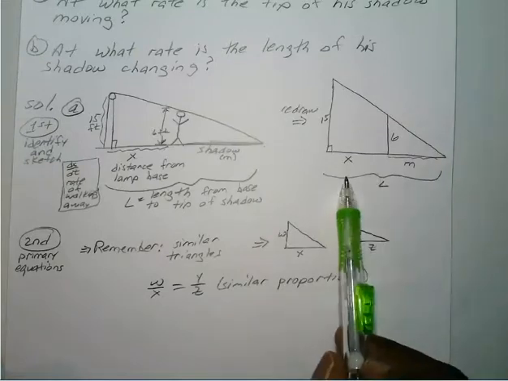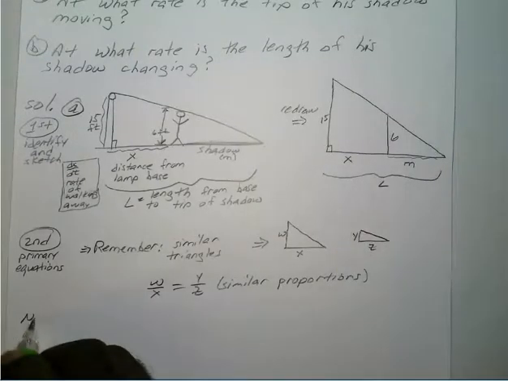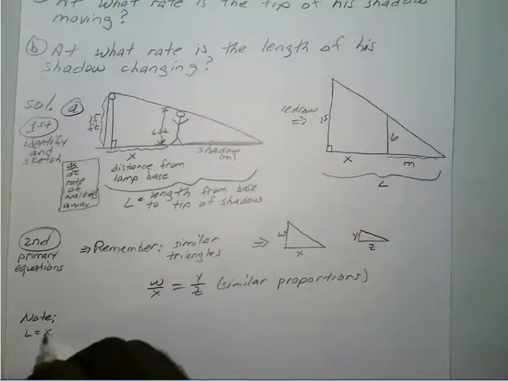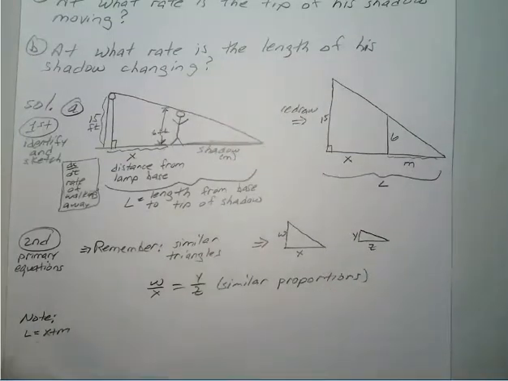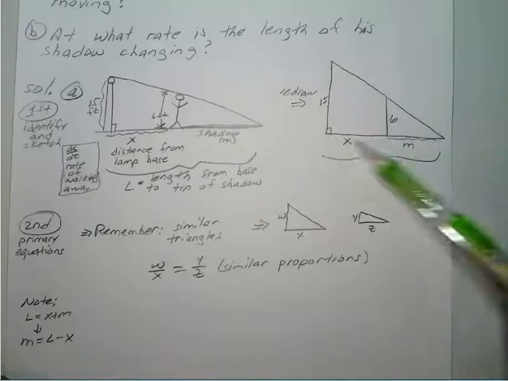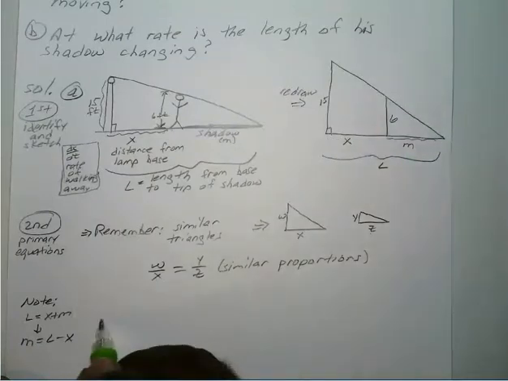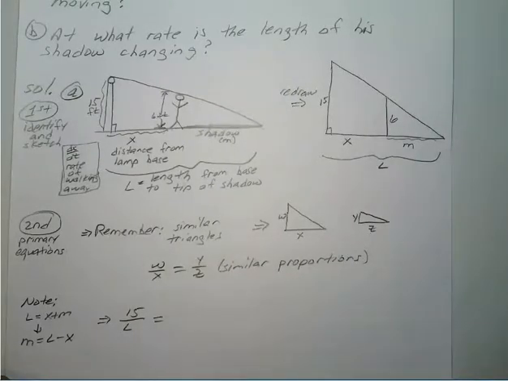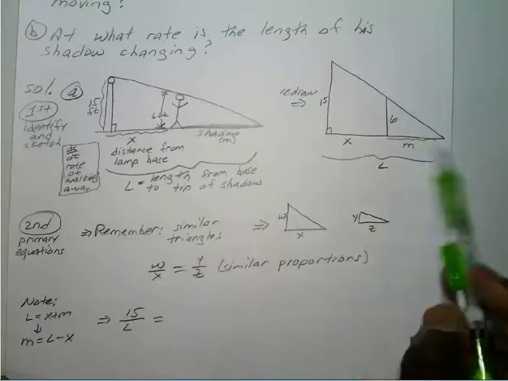Okay, so we see that, before we do that, we see that L is equal to X plus M. So if we subtract X from both sides, that means that M is equal to L minus X. So we know our larger triangle, 15L, with the proportions 15 over L, is equal to our smaller triangle from 6 to M.